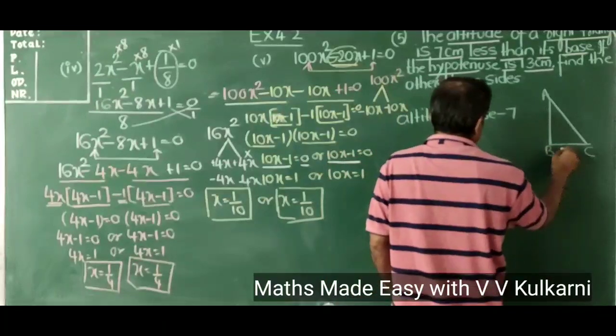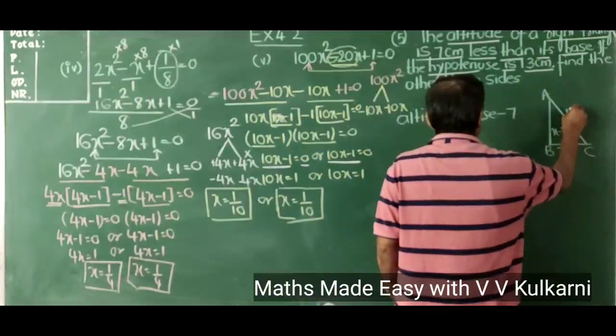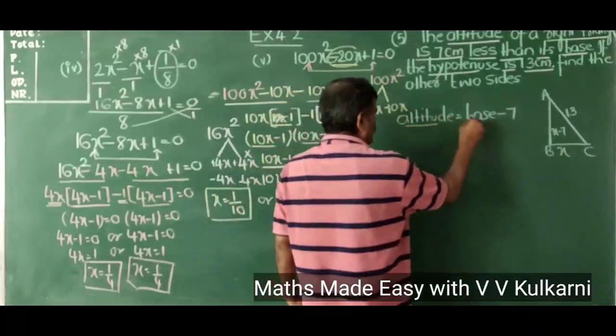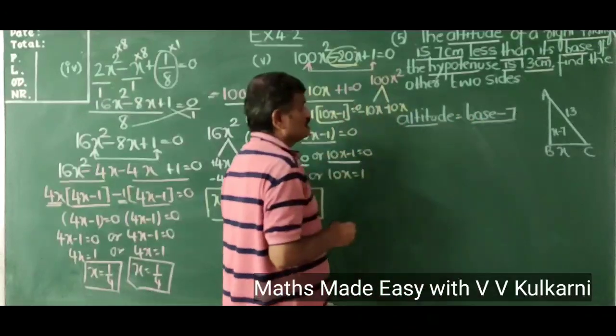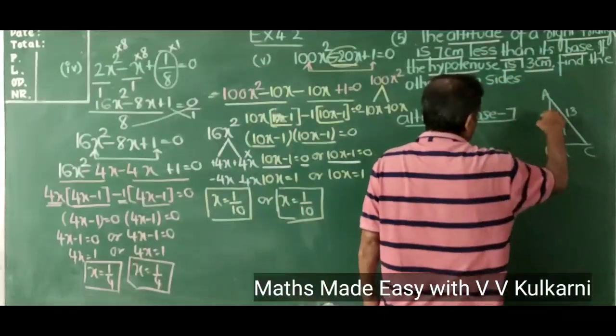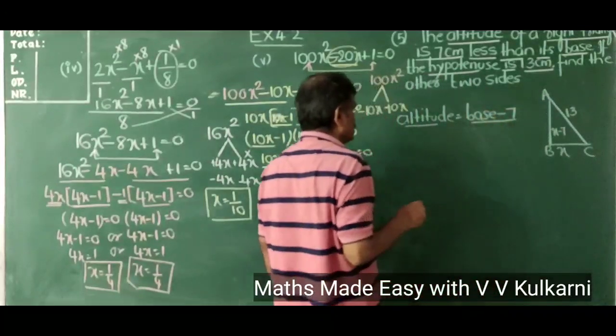Suppose this is the base x, then this is x minus 7, and the hypotenuse is 13. You have to find x and x minus 7.